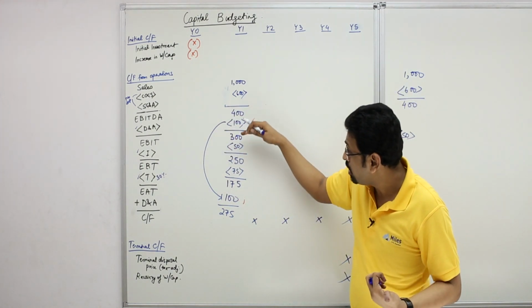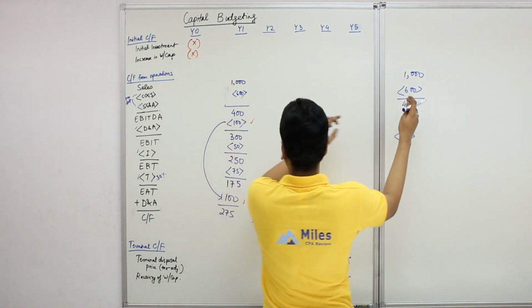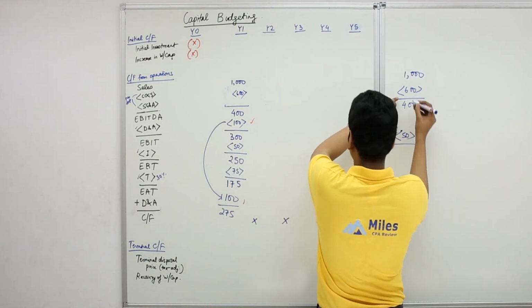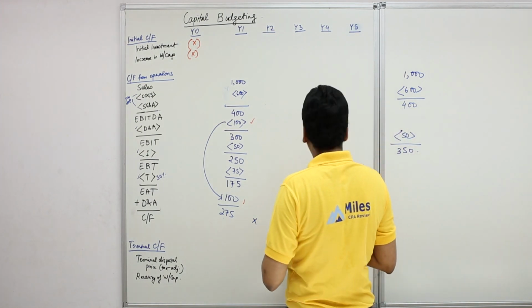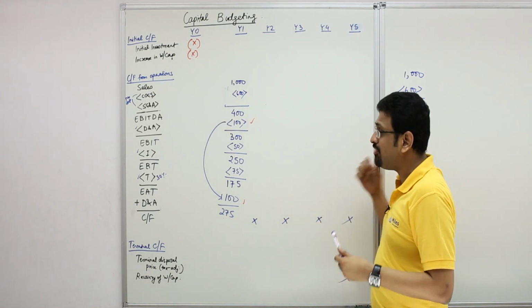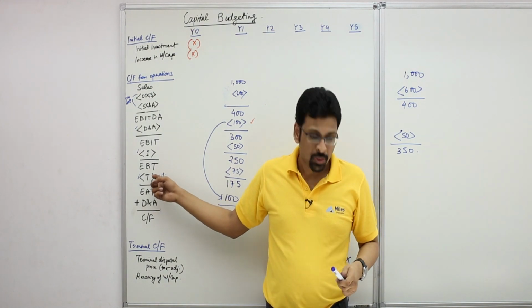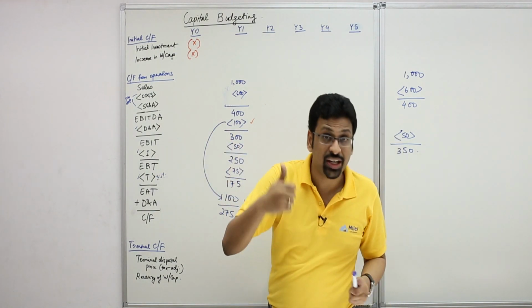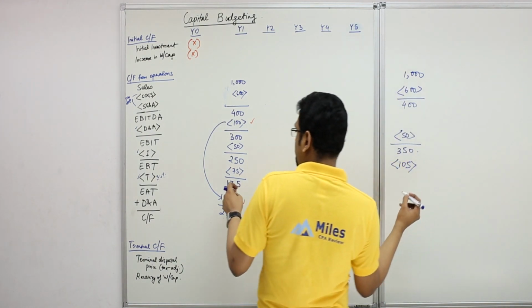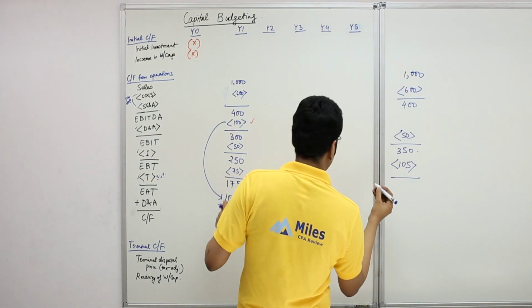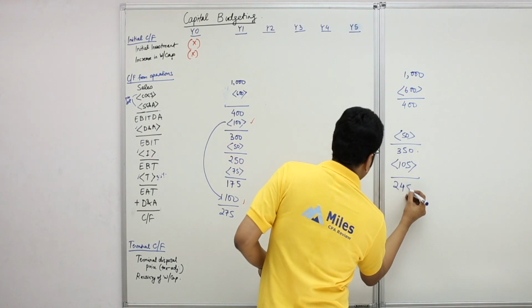So that gets me to earnings before taxes of 350. Now we're going to have taxes on 350 at 30%. What's that? So that's 30, 60, 90, 105. That gets us to earnings after tax of 245.